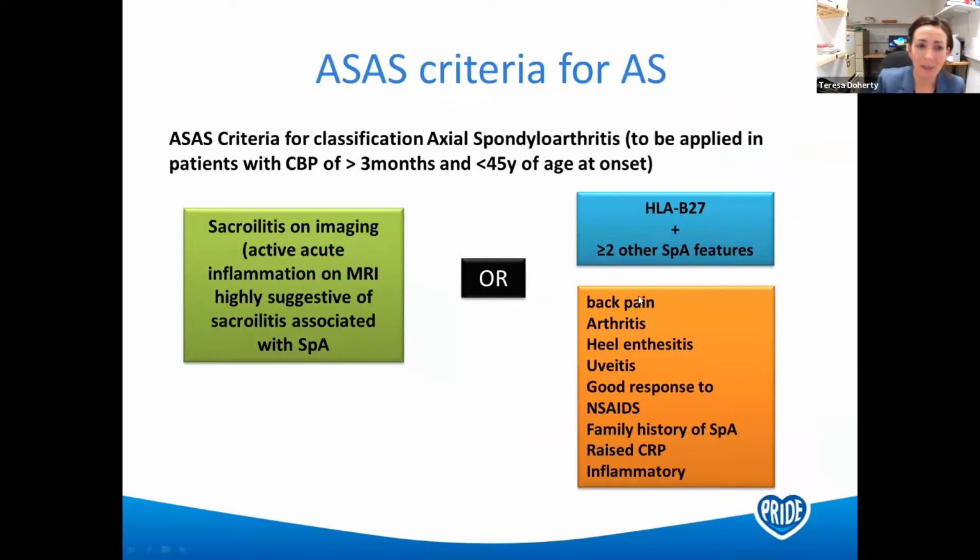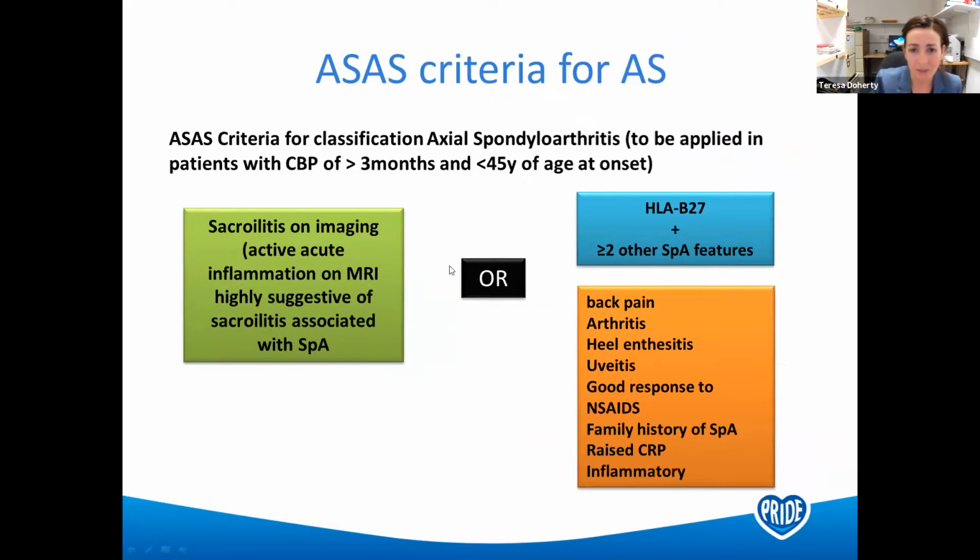So how would we go about looking at this? The Ankylosing Spondylitis International Working Group criteria for classification can be applied to patients with chronic back pain, that is for 3 or more months, under the age of 45 at onset. If they have sacroiliitis on imaging, you're done.